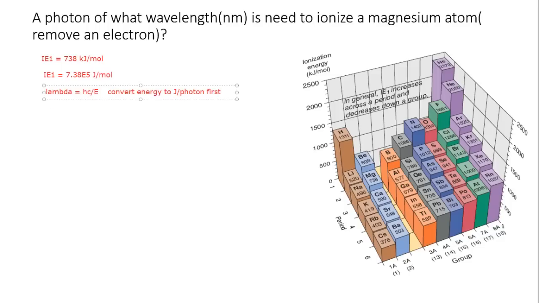So what do we do? We take the energy divided by Avogadro's number. Joule per mole times 1 mole divided by 6.022 e to the 23rd photons. This will get us the energy of 1 photon.